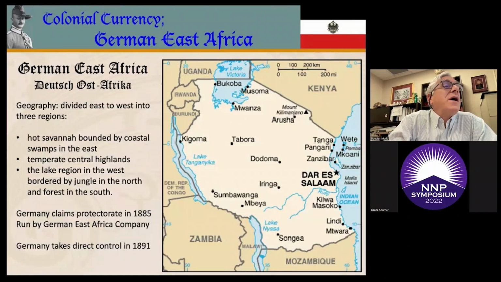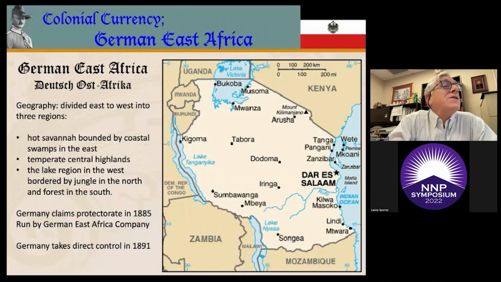Then you had the temperate Central Highlands, which were very comparable to European conditions in parts of Germany and in the Alpine regions of northern Italy and Austria, and very welcoming to European settlers, and that's where most of the settlers ended up going.